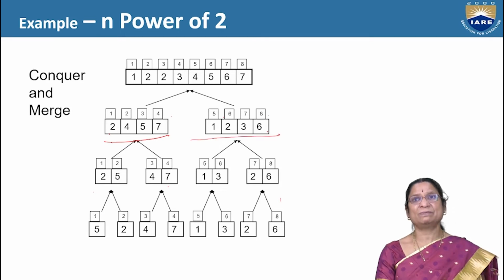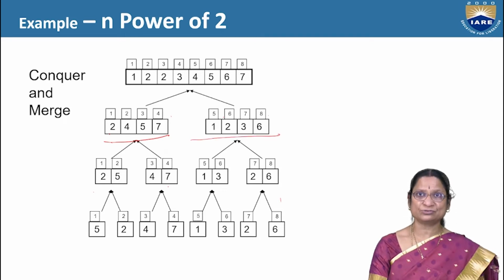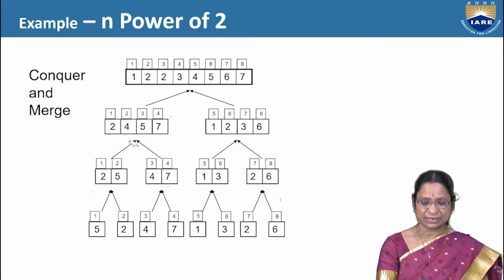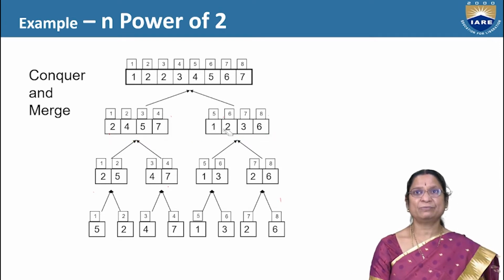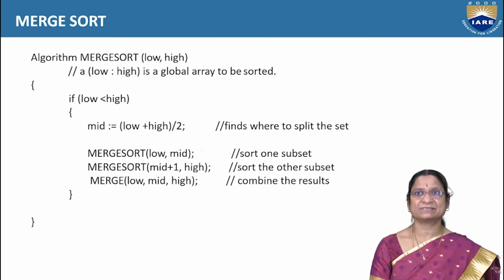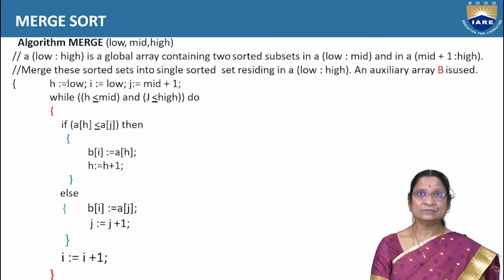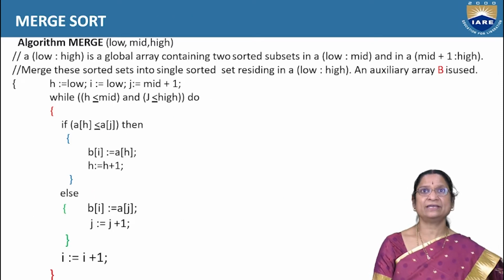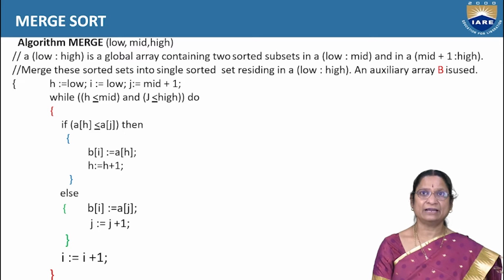Same array elements only, but we are considering them as two halves just by stating their lower bound and upper bound subscript values. So the array is A only here, and low, high and mid. Low to mid is the first sub-array and mid plus 1 to high is the second sub-array, which have to be merged by us. Clear?